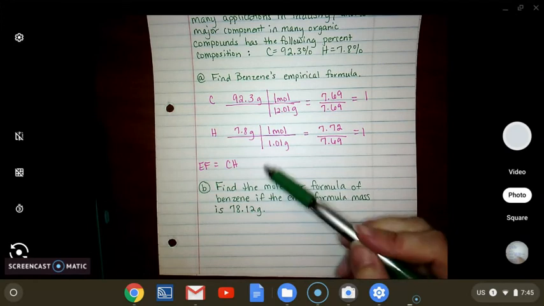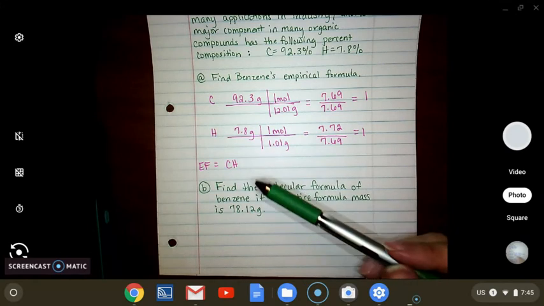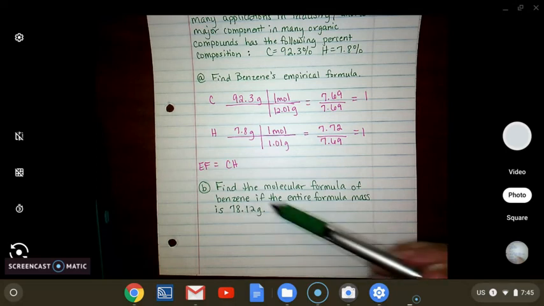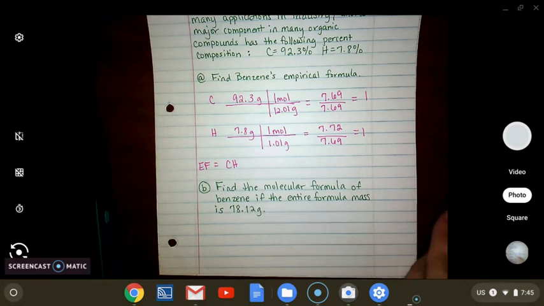All right, so now we're going to find the molecular formula mass of it, and then take this divided by that.